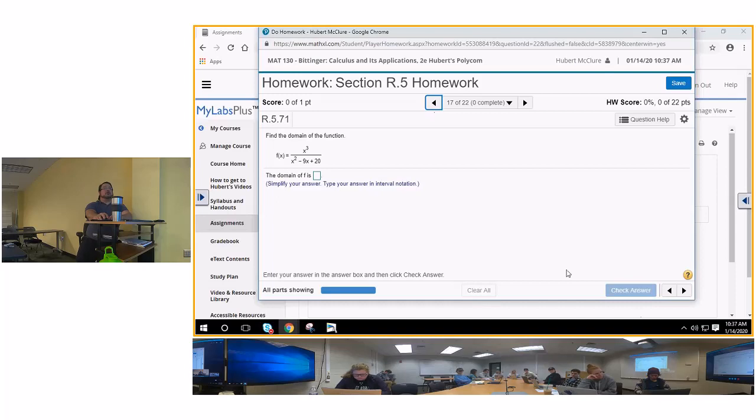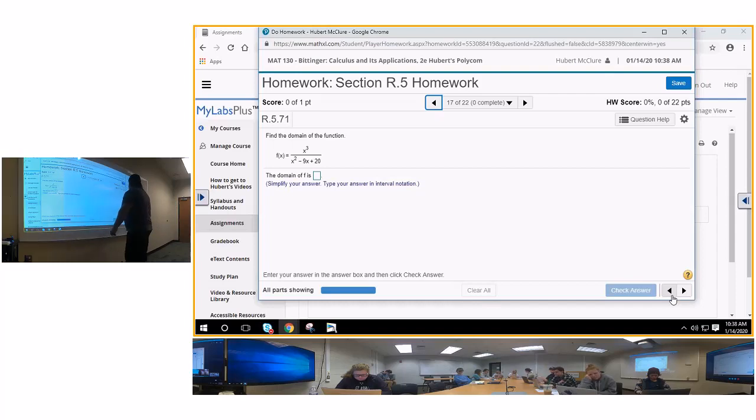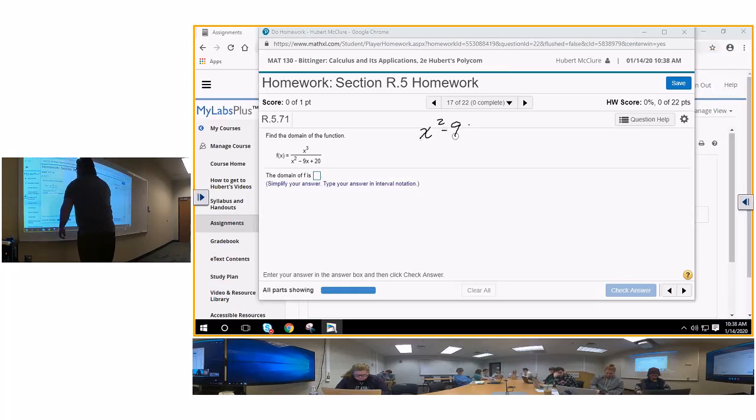Okay, here's one. Find the domain. This is a fraction. So what do we do? Set the denominator equal to what? And then use completing the square. That's what I'm going to use. Now my whiteboard's gone. There we go. So x squared minus 9x plus blank is equal to negative 20 plus blank.